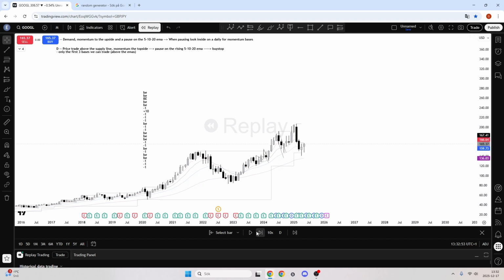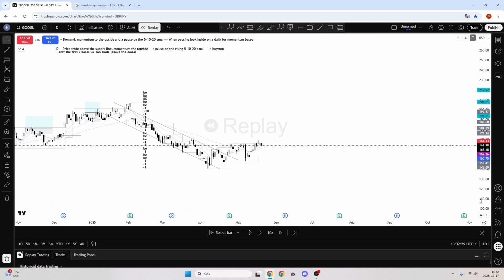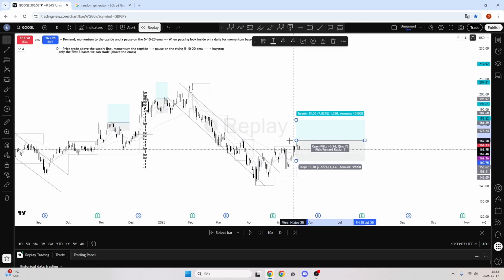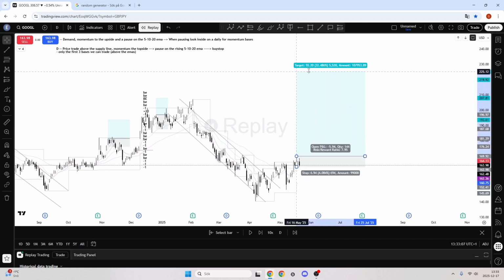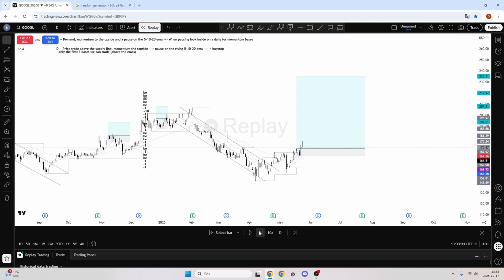Passing on the 20 EMA. Supply line, as you guys can see, price moves above the EMAs, just like this. Throw your stop loss under these lows, 1 to 10. Tapped in.